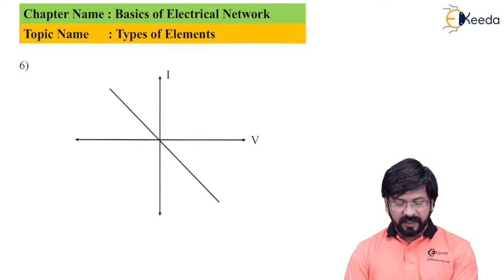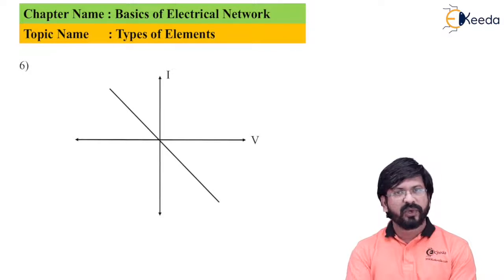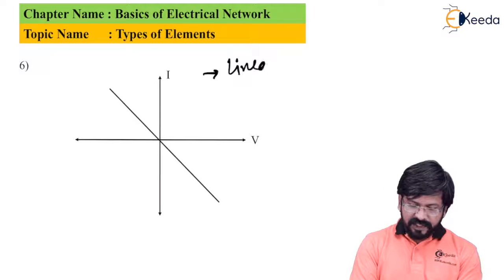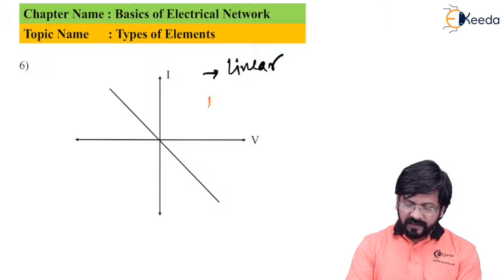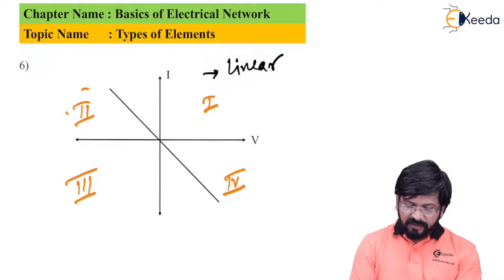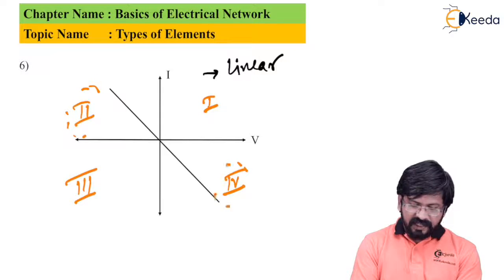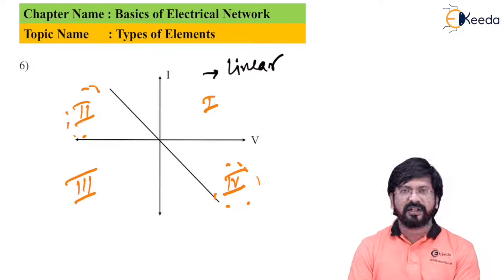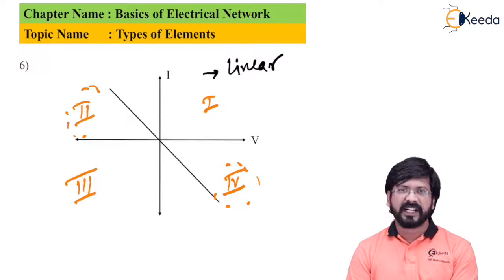Again, in the last problem, have you seen it is a straight line passing through the origin? It means it belongs to the linear category. Secondly, if we now mark the respective quadrants, as you can see, there is a characteristic present in the second and fourth quadrant. What does that mean? It belongs to an active element.